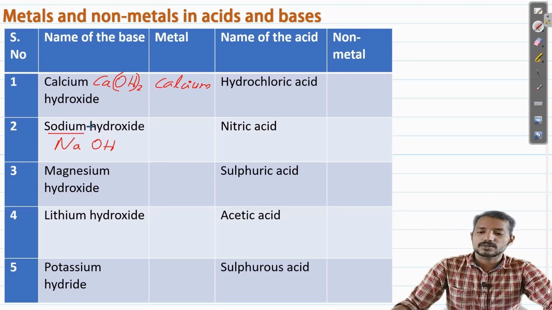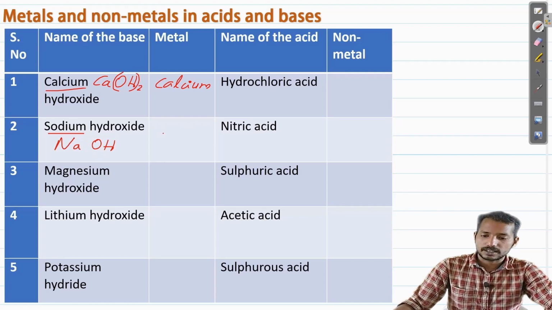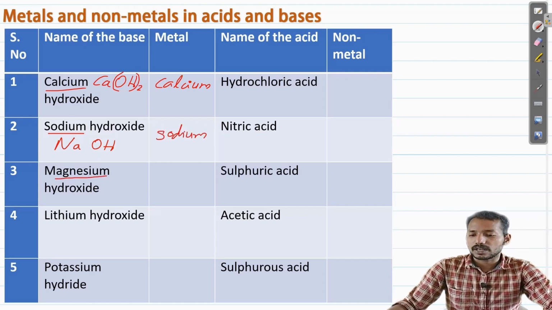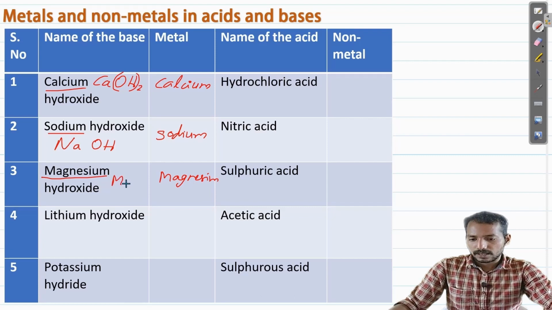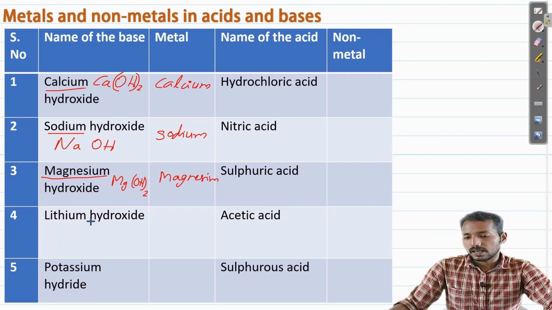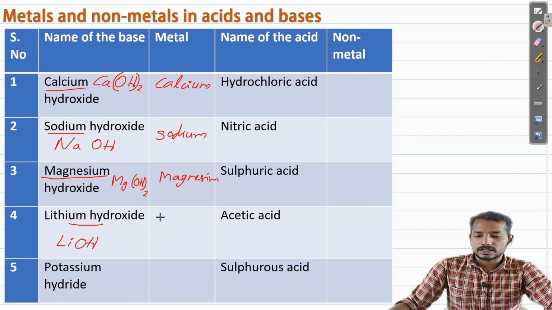So here, as in case of calcium, sodium is the metal. And in case of magnesium hydroxide, magnesium will be the metal. Mg(OH)2, this is the chemical formula. Lithium hydroxide, LiOH, here lithium is the metal.